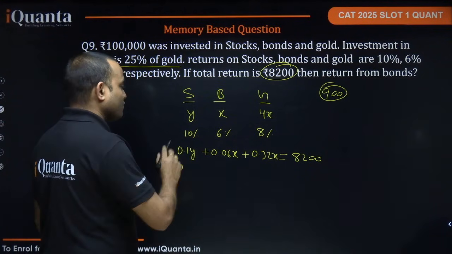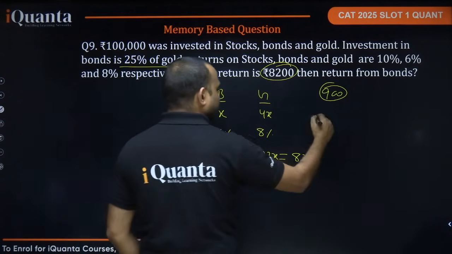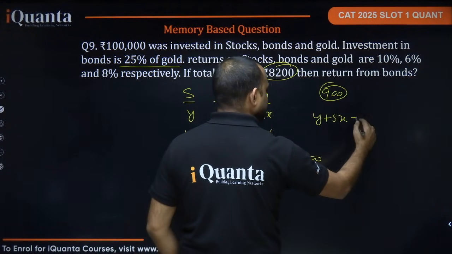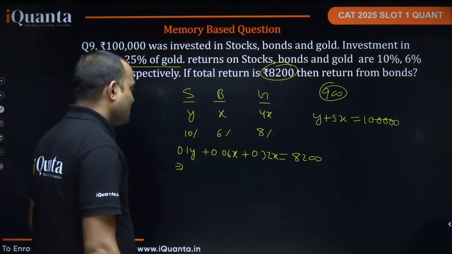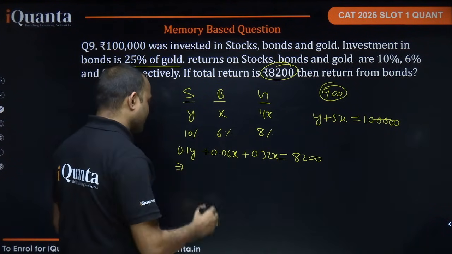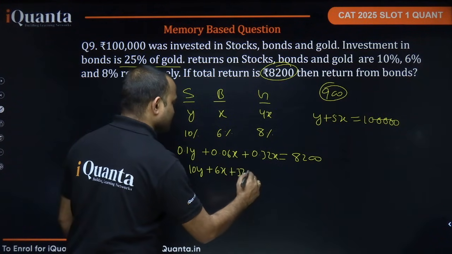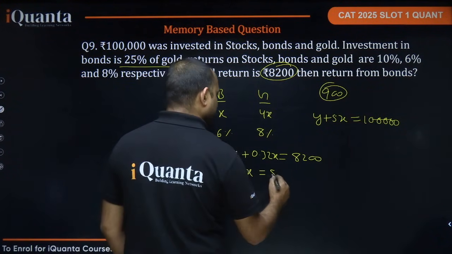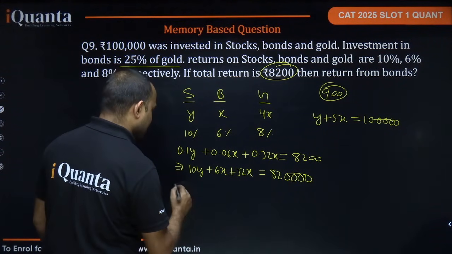Total value y plus 5x is equal to 1 lakh, right? So let's say y plus 5x is equal to 1 lakh. This is the value, and total return. Okay, let's multiply it by 100 only. This will become 10y plus 6x plus 32x is equal to 820000, means 8,20,000.